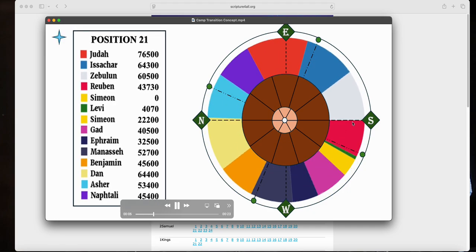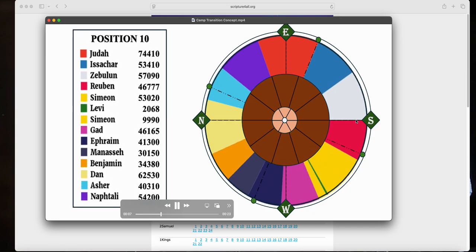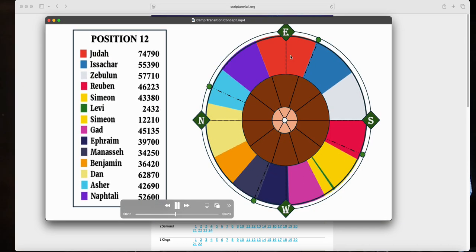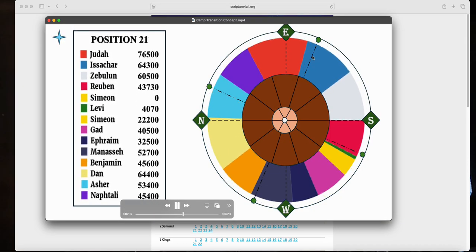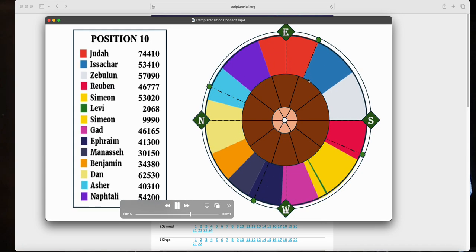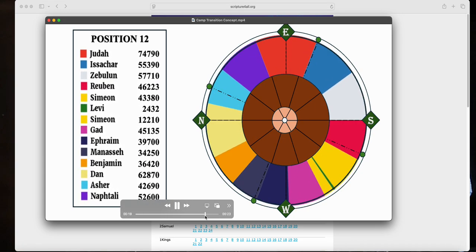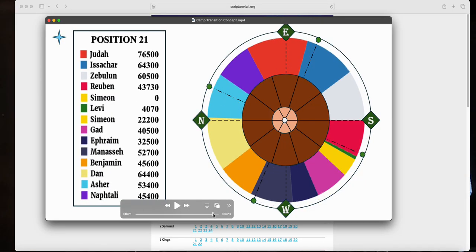So you have Reuben and Zebulun right across this south compass line, and then we're just going to be tracking how the compass lines bifurcate the tribes, as well as the ecliptic cross and all this other stuff. So that's what this is.